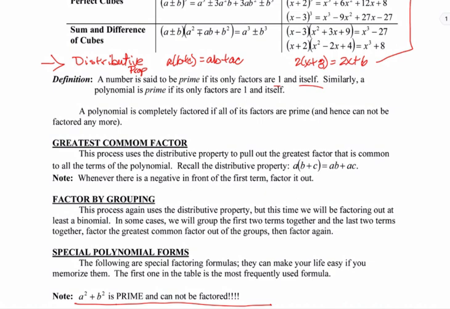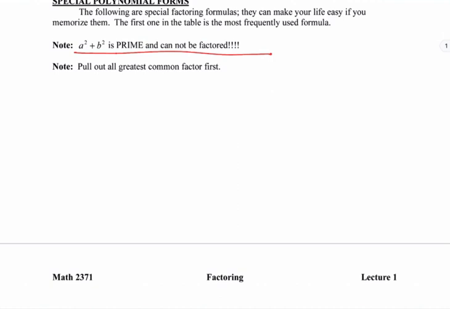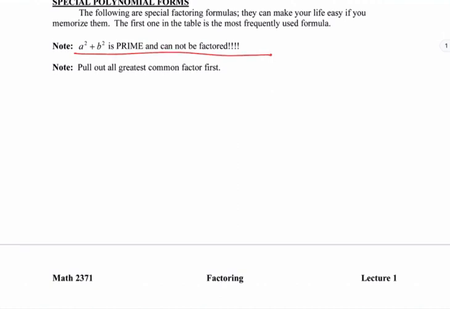We will also be factoring by grouping, and we have already talked a little bit about the greatest common factor. Now let's get down here, and I'm going to do one more thing. Say that I want to factor 1x squared plus bx plus c.